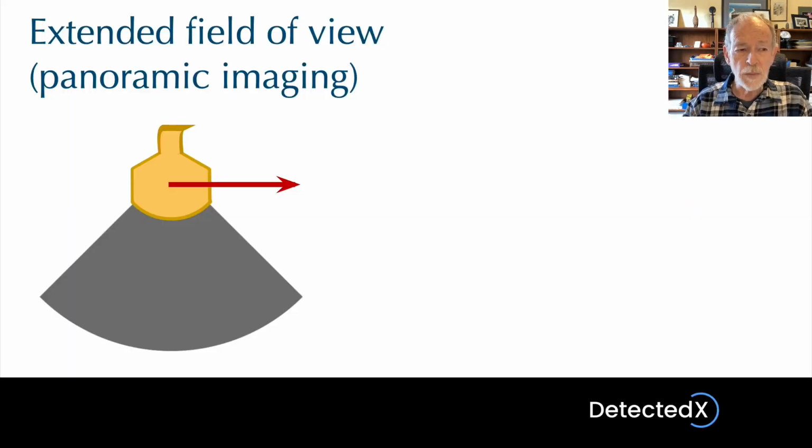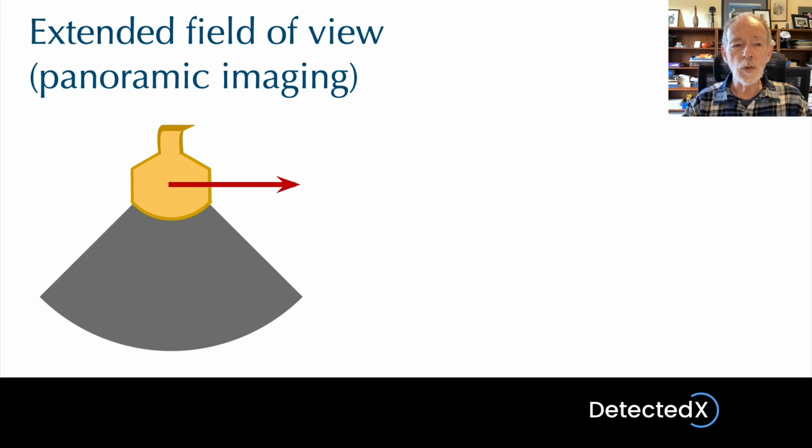Now let's look at something very much simpler. And that's the idea of extending the field of the ultrasound image by moving the probe. This is described generically as extended field of view imaging. Some of the companies refer to it as panoramic imaging. It's very much like the technique used with digital cameras to produce panoramic views by stitching images together to produce a wider total image.